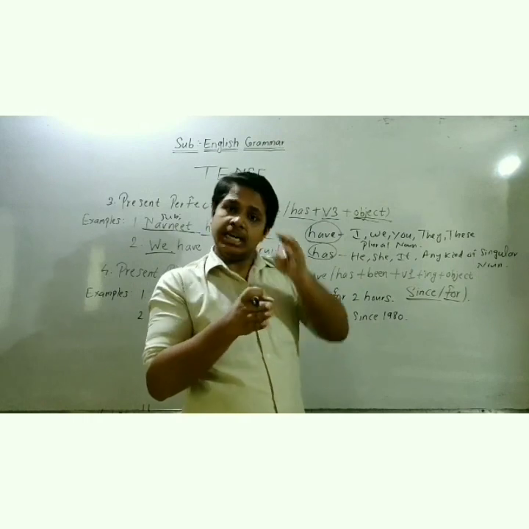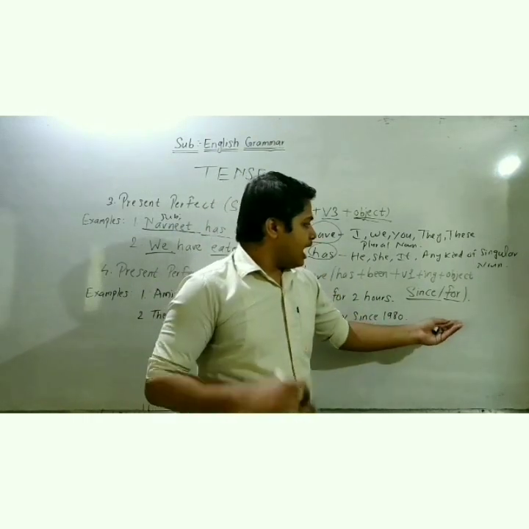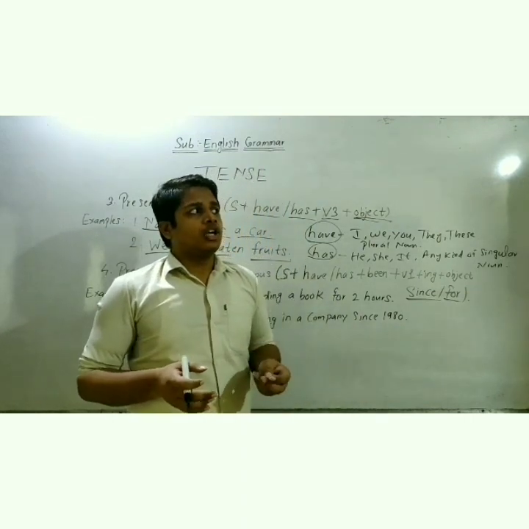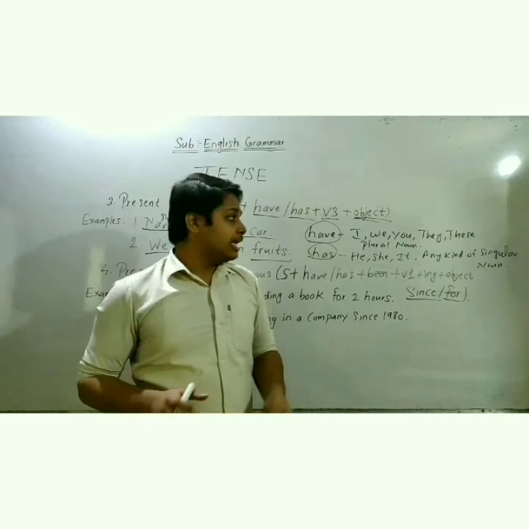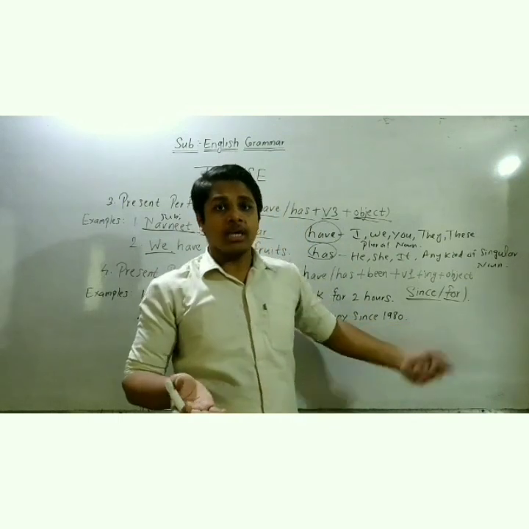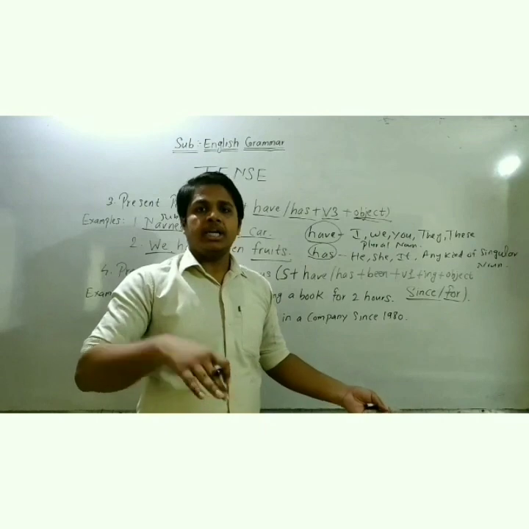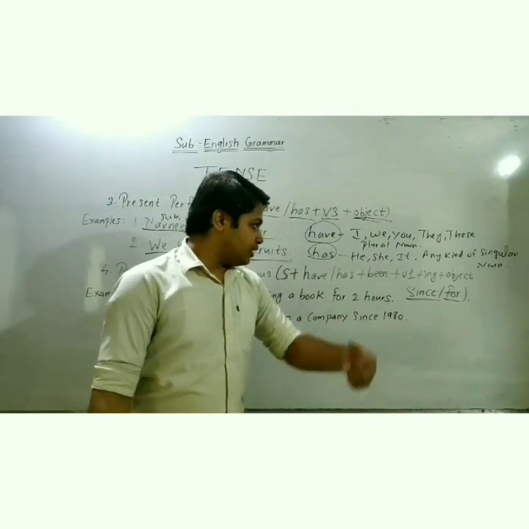January month, Sunday, 1980. If I don't say January or February but say for 2 months or for 2 weeks, then we use for. If I say January, Sunday, Monday, Tuesday, we use since. So let's see the example.